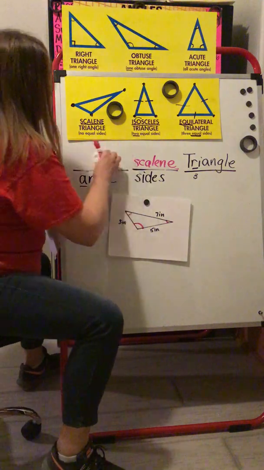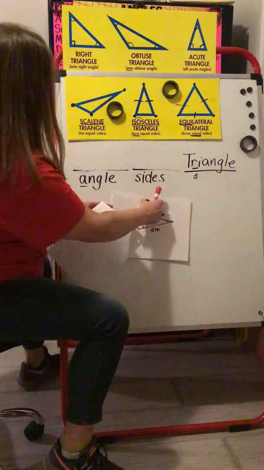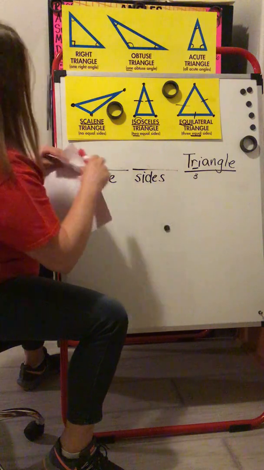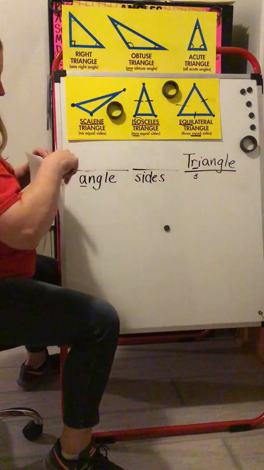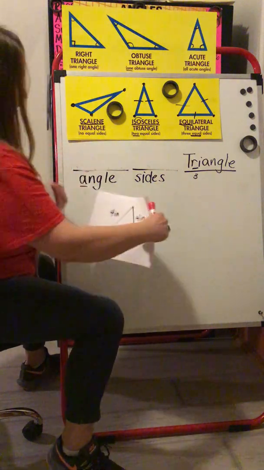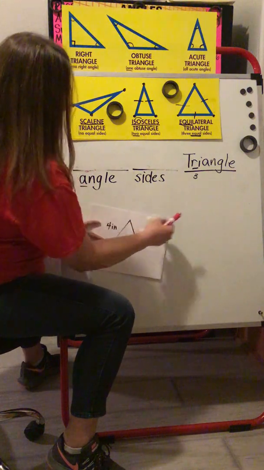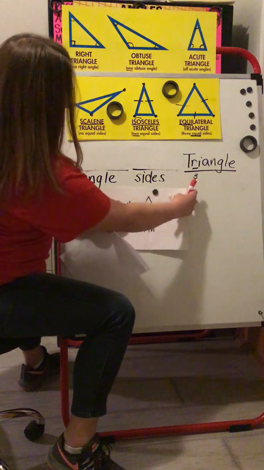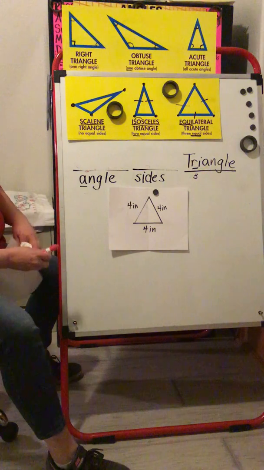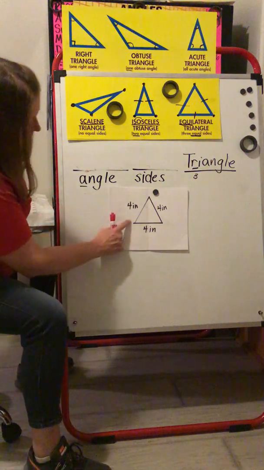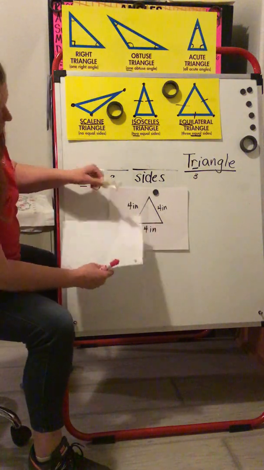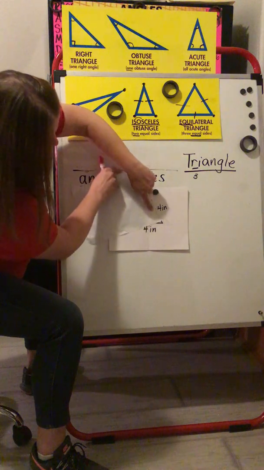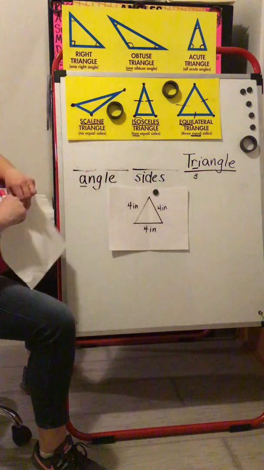Let's try naming another one. There's another one I made earlier today. All right. Now, take a look at this guy here. I'm going to start by looking at the angles first. These angles do not look big enough to me to be right angles.